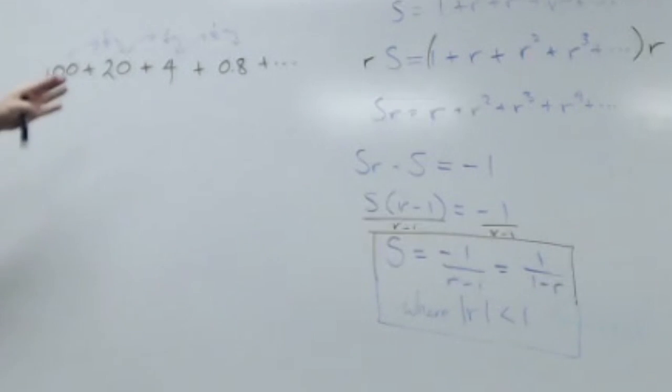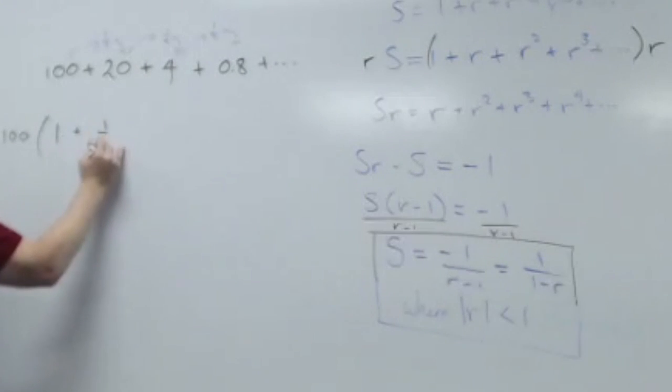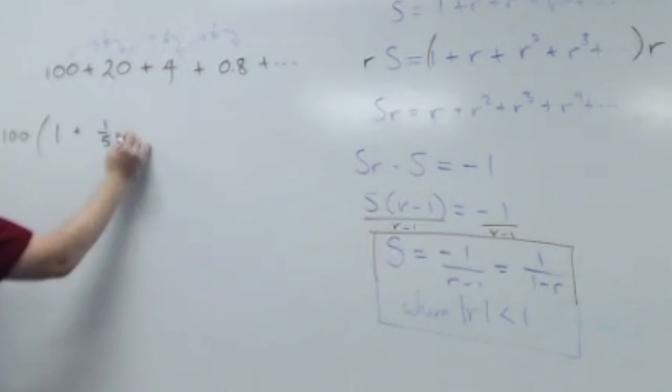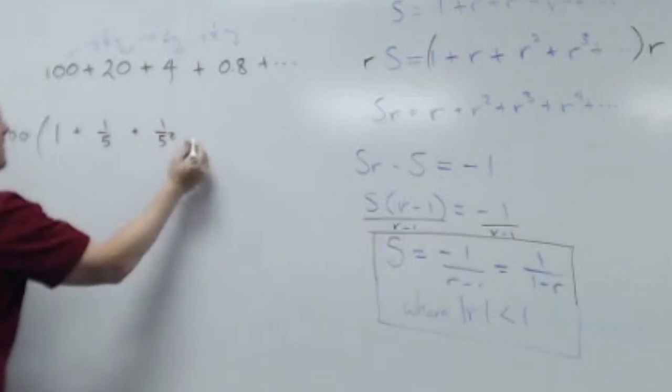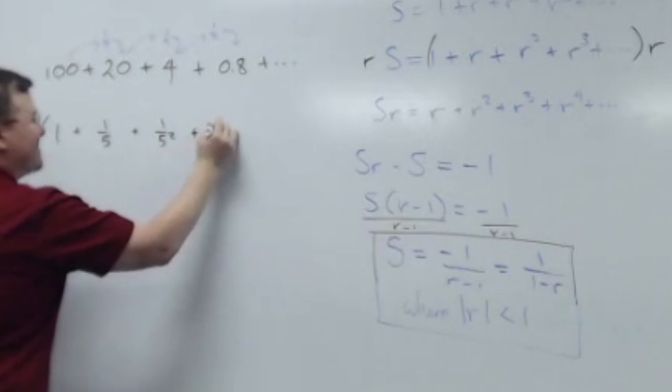Then yes, this is a geometric series, right? But what I'm going to do first is factor out a 100 out of all the terms. So now the first term is 1, and the second term would be 1/5 of 100. You're saying basically to make it to where we... Yeah. All right, right. Exactly.